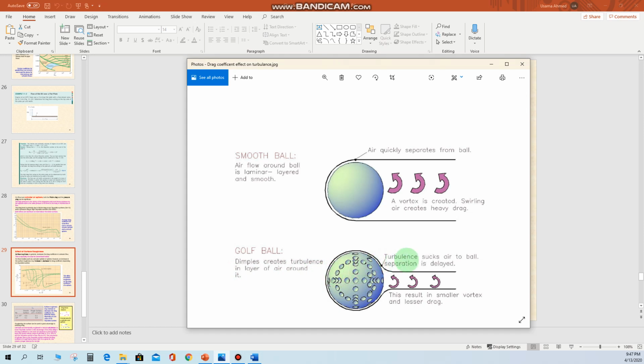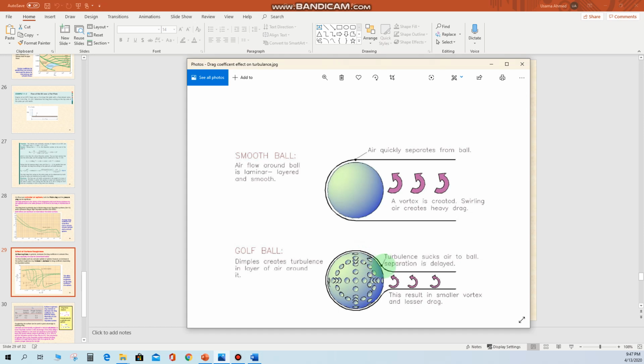There will be turbulence across this ball, and due to this turbulence, which pulls air to the ball, separation is delayed. So when there are pits or holes on the surface of this golf ball, the turbulence around them will increase, and due to the increase in turbulence, what would happen?